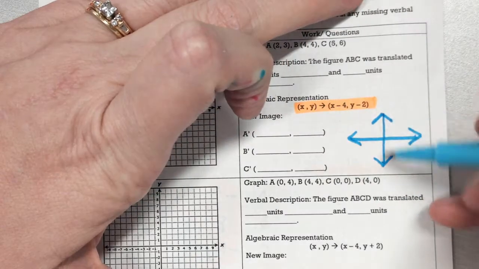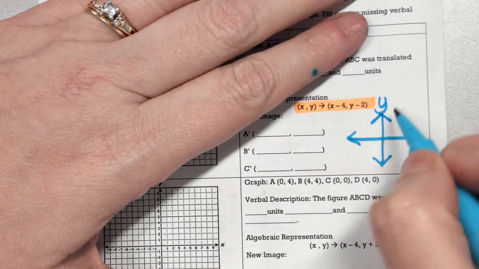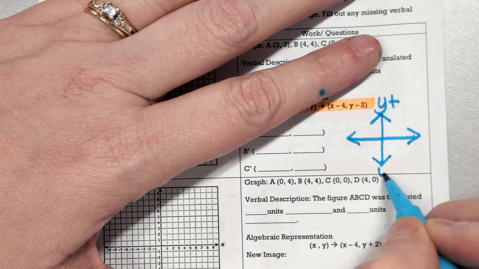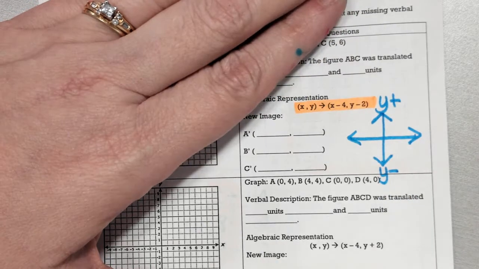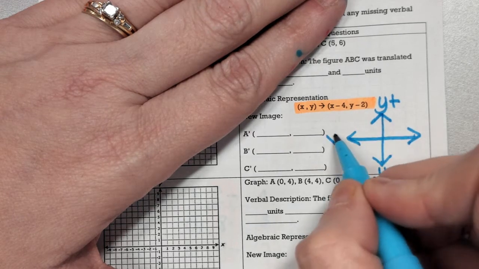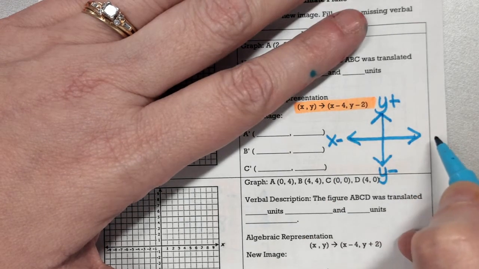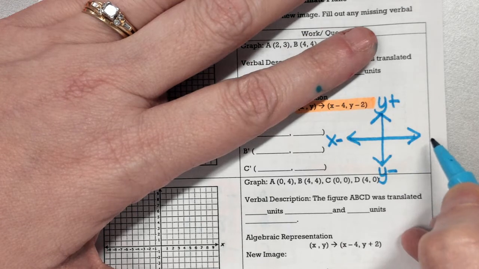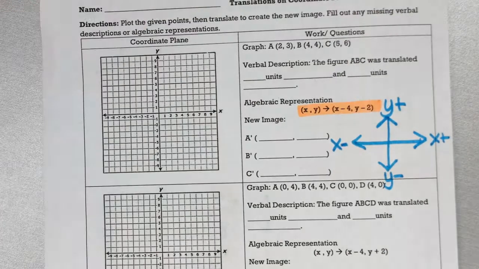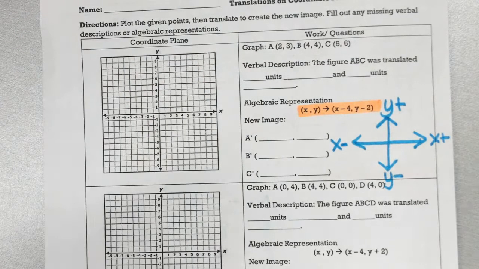My vertical axis is my y-axis, where my positive y's go up and my negative y's go down. My horizontal axis is my x-axis. Subtracting x goes left, and as my x's get bigger, more positive, they go right. So this is the first thing we're going to draw every time we have a translation.